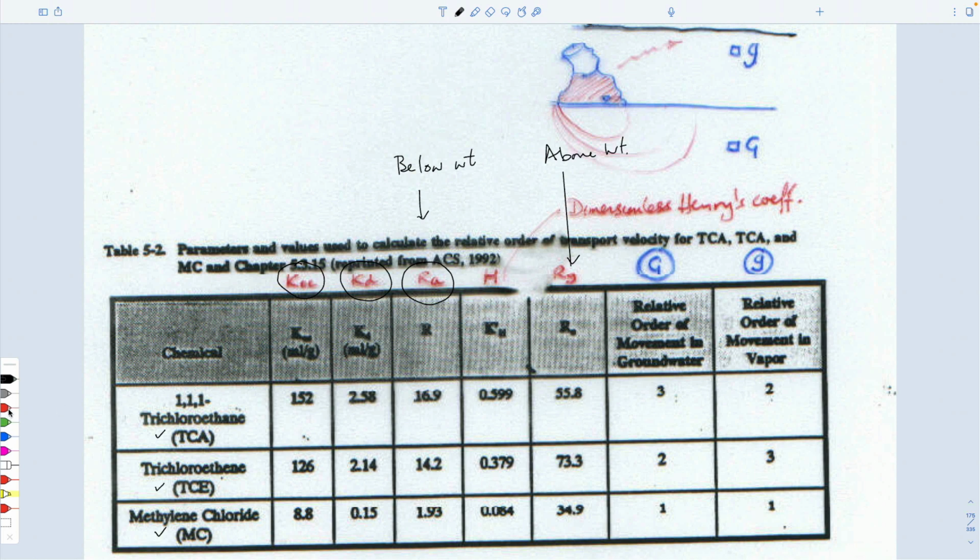And I guess the only point of note here is if you look at the order of these retardation coefficients, this is the smallest, this is the next smallest, and this is the 3rd smallest. So if you were monitoring at some location in the groundwater zone, I guess this is aqueous, right?